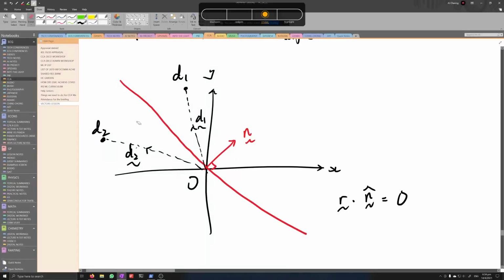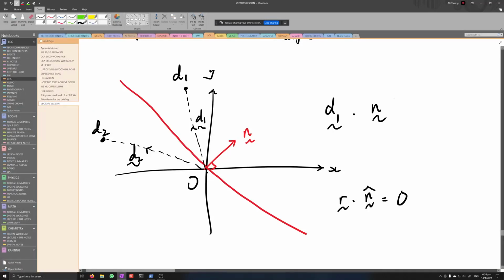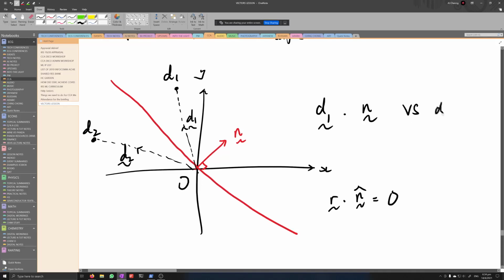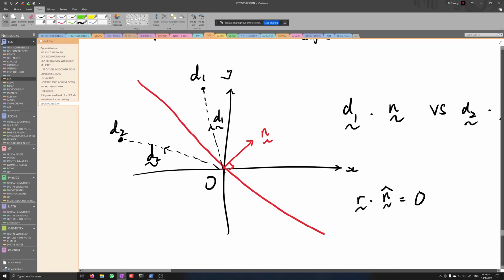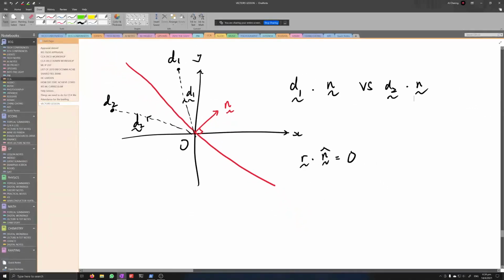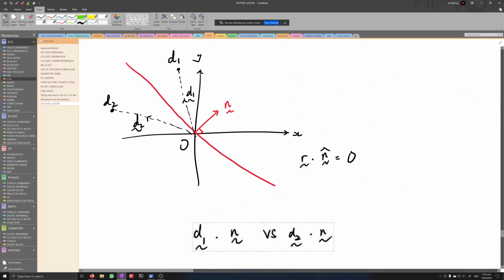Just define that. This means that by comparing the value of D1 dot n versus D2 dot n, you can tell if the point lies to the right or to the left of this plane.